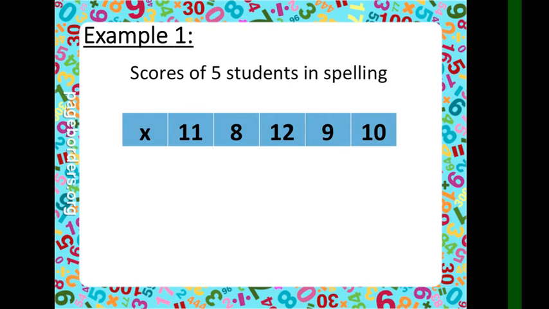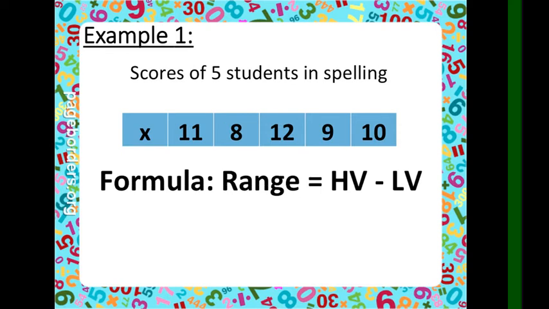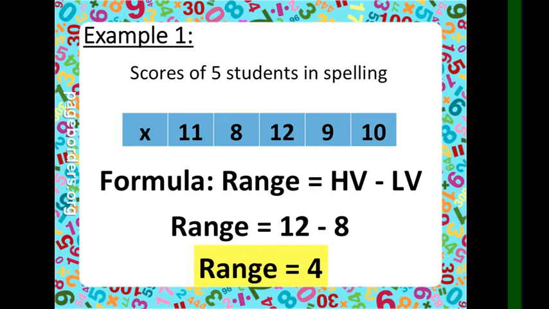So we have these scores: 11, 8, 12, 9, and 10. What is the highest score? The answer is 12. What's the lowest? 8. So to find the range, just subtract the lowest score from the highest score and you will get 4. Therefore, the range of the scores of 5 students in spelling is 4.